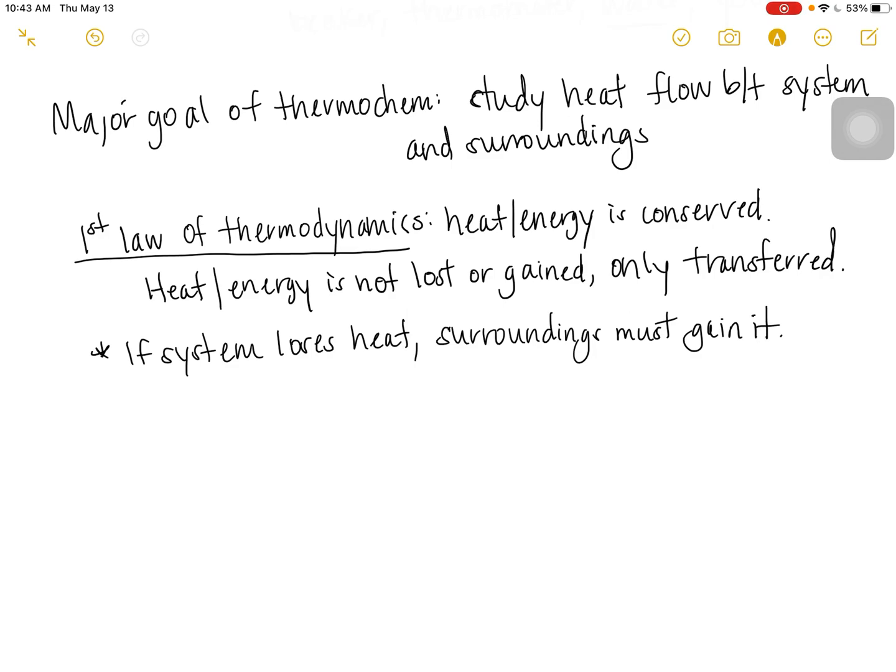And vice versa, of course. We could flip that statement around and say that if the system gains heat, then the surroundings had to release it or had to lose it, okay?